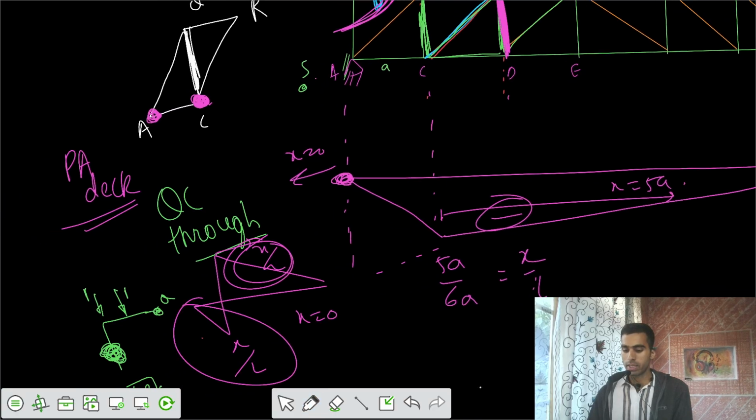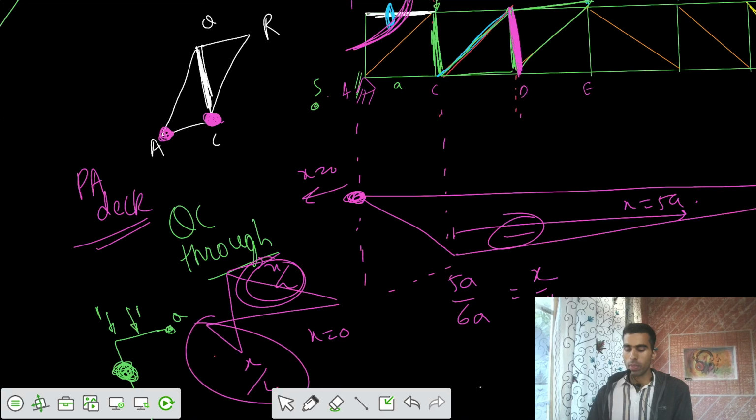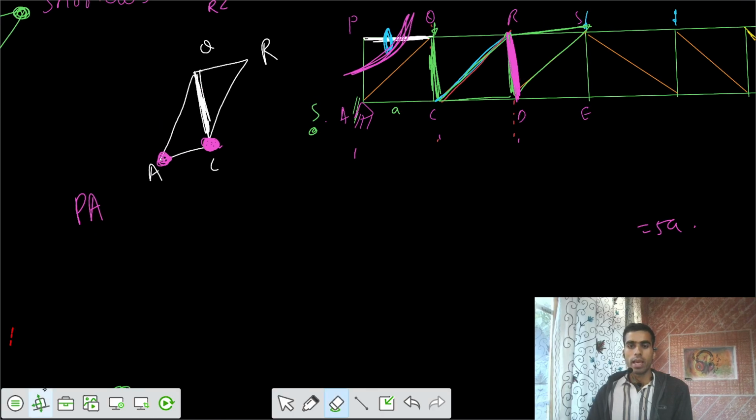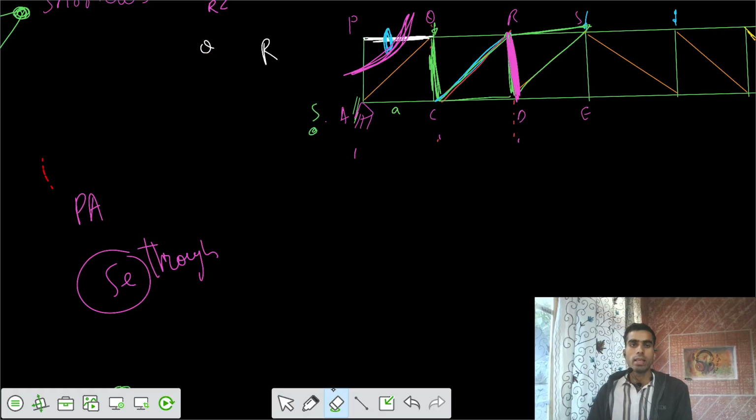Now one more problem is that you need to get SE through type. Let's have that SE. Why is SE? That's a vertical member. This is SE. Now you need to get the triangles.